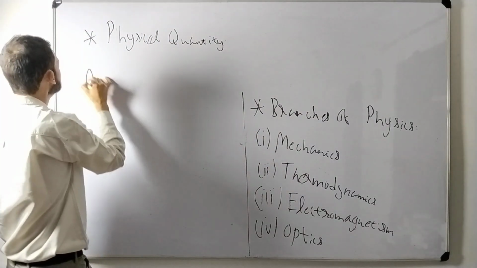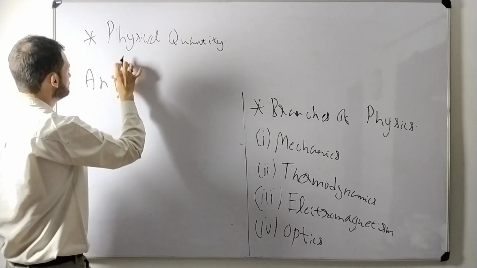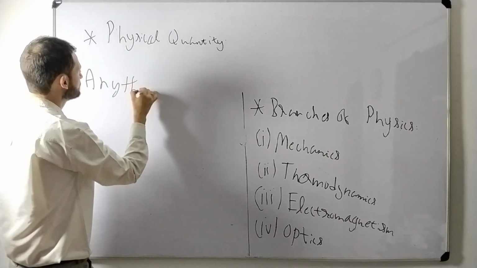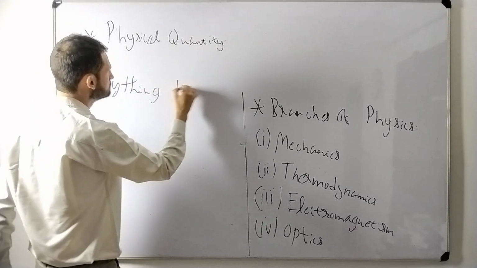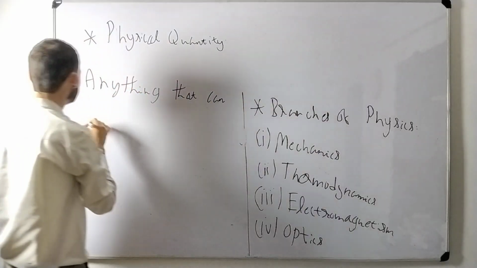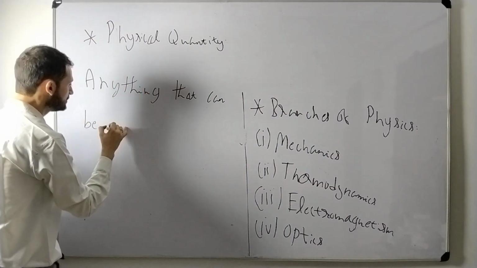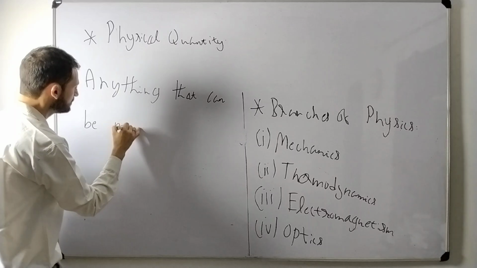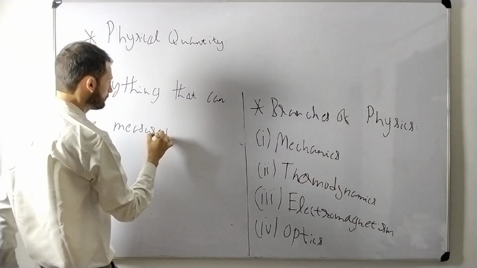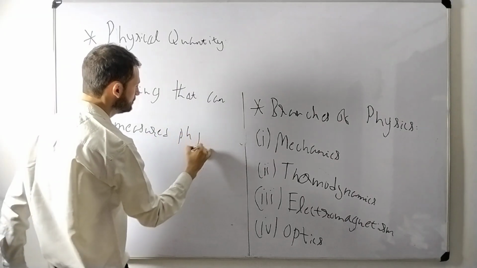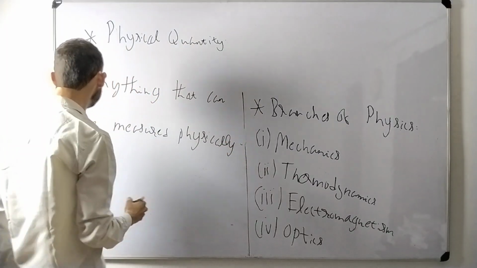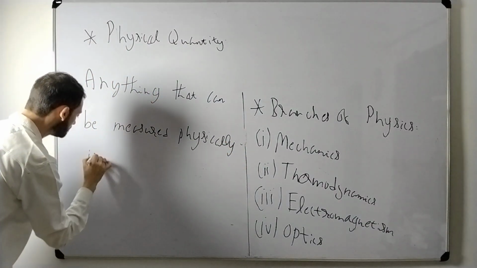Anything that can be measured physically is called a physical quantity.